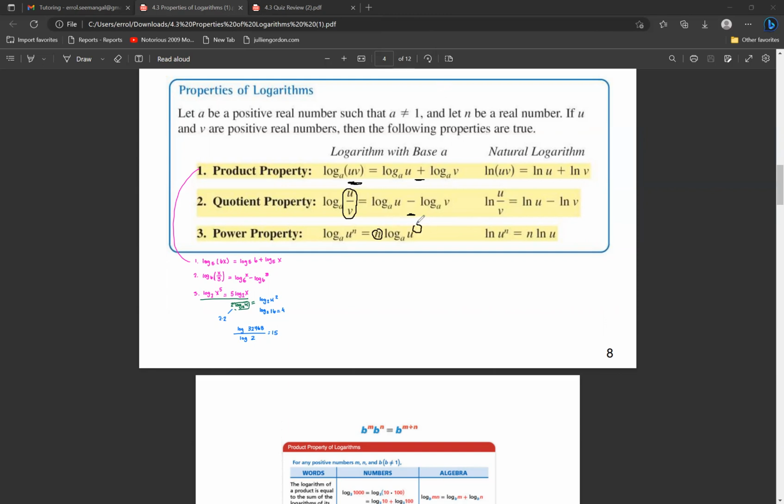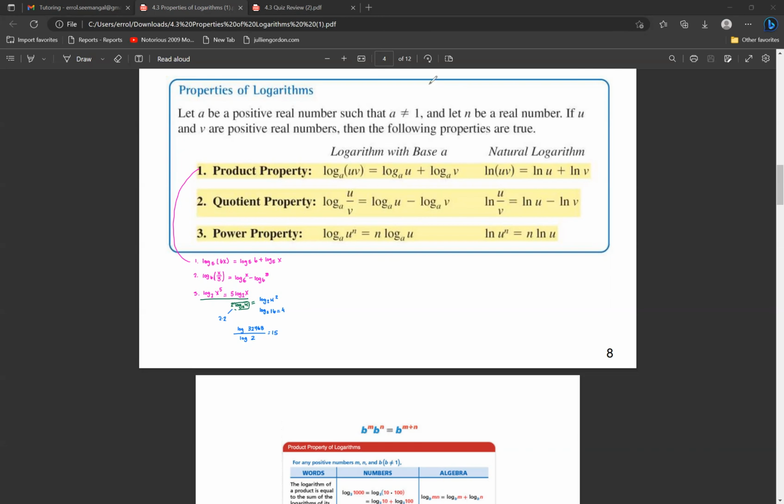That's this one right here. And for 10, when you're making it one log, if you're subtracting, then it's going to be on the bottom of the fraction.